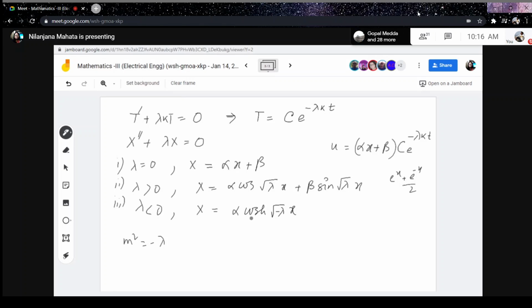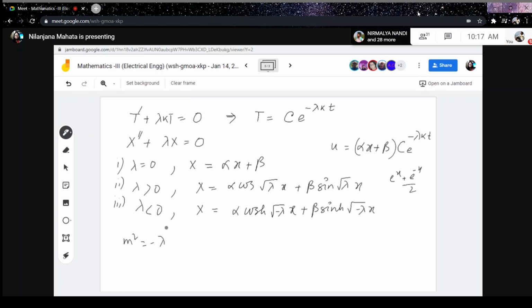Okay, this is lambda less than 0, that means this square root is valid. So I will have the solution for u will be this multiplied with this, and for this multiplied with this.